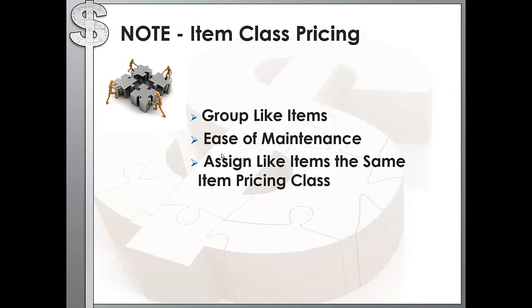Second, to make things a little bit easier, instead of having a record for each individual item, you can actually set up item class pricing, which allows you to group like items together for pricing purposes. Advantage of this would be much easier maintenance, and you can do this by going to the item pricing file maintenance and using the item class field and utilizing the item pricing class out of the item master file. So just a couple of notes there.